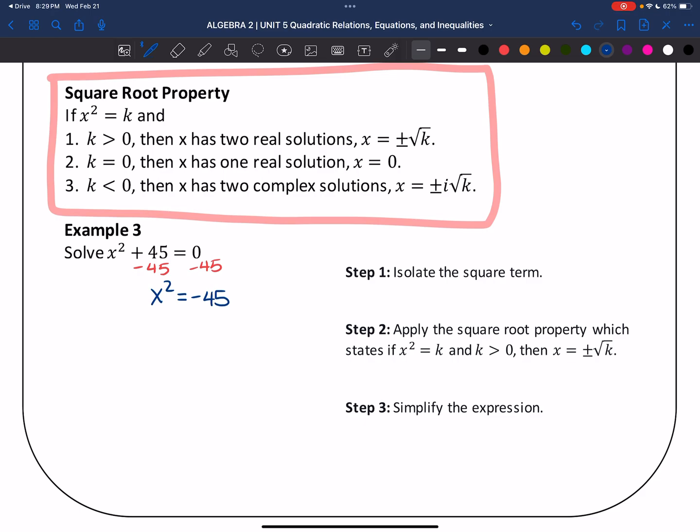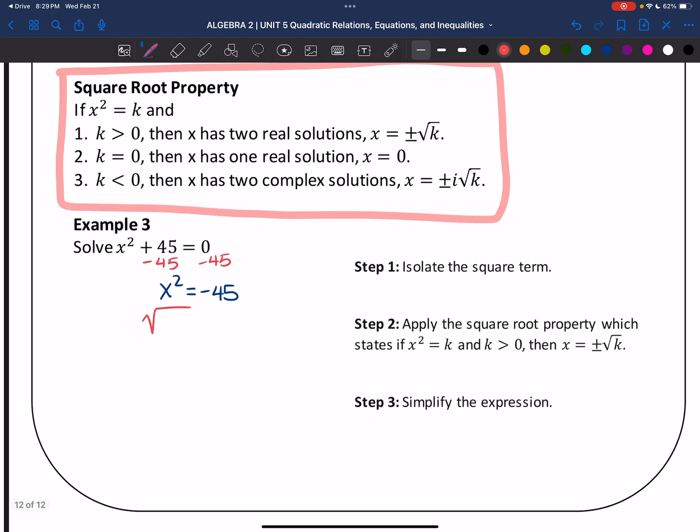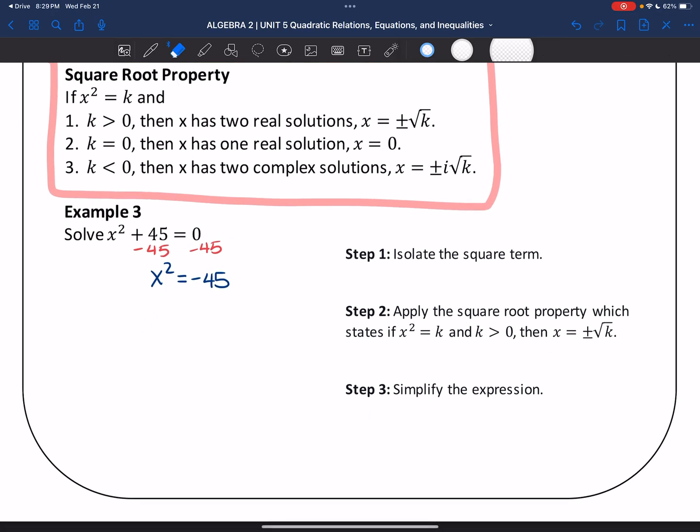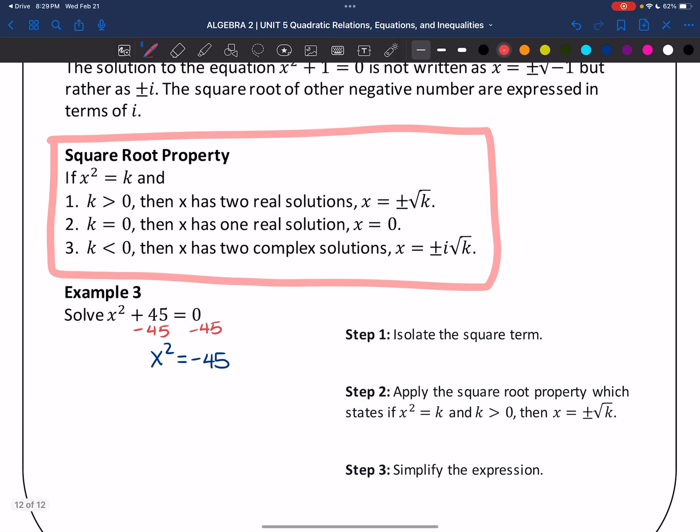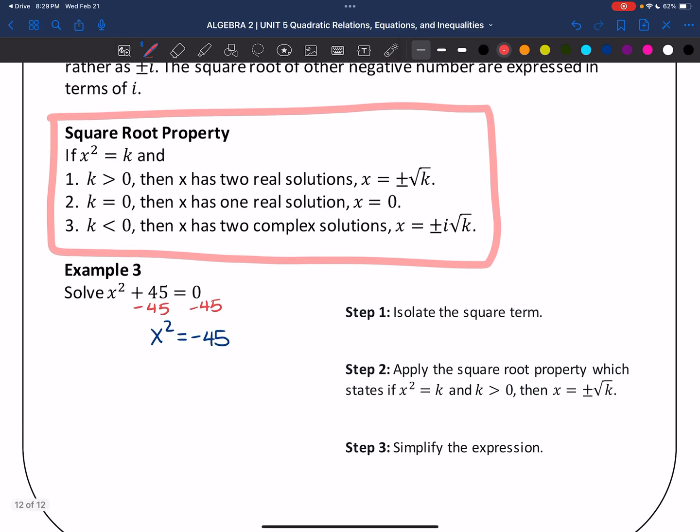Apply our square root property, which is, if I take the square root of each side, in this case, I made a little typo here.